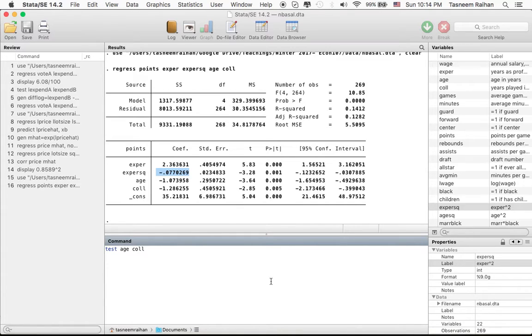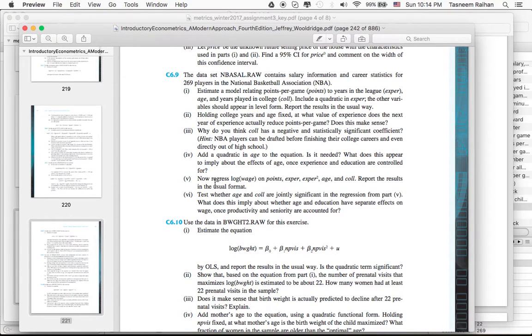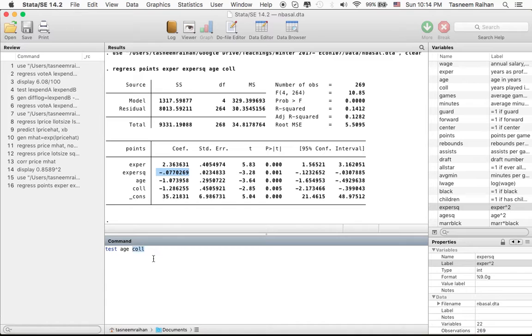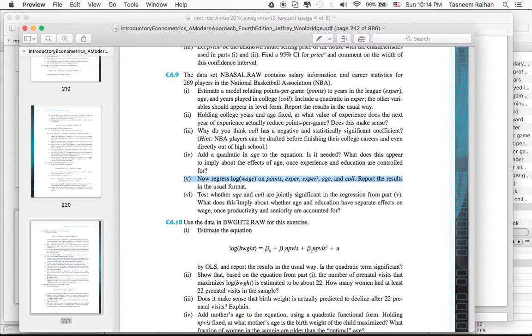Before you write this command test age coll, you have to do the regression in 5. After you do the regression, then to answer question 6, you just write this command test with these two variables, age and coll, because we want to check whether age and coll are jointly significant in the regression from part 5.